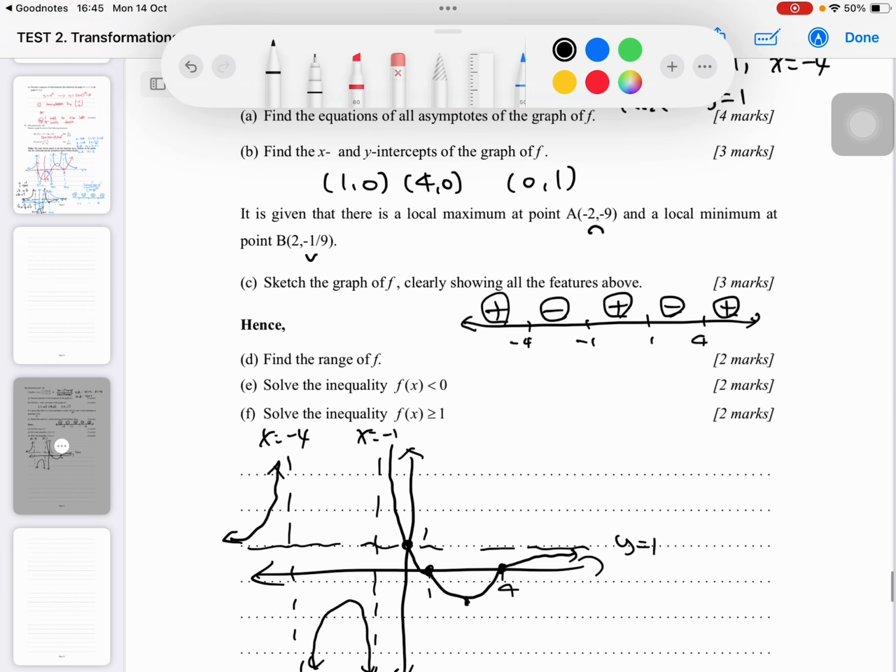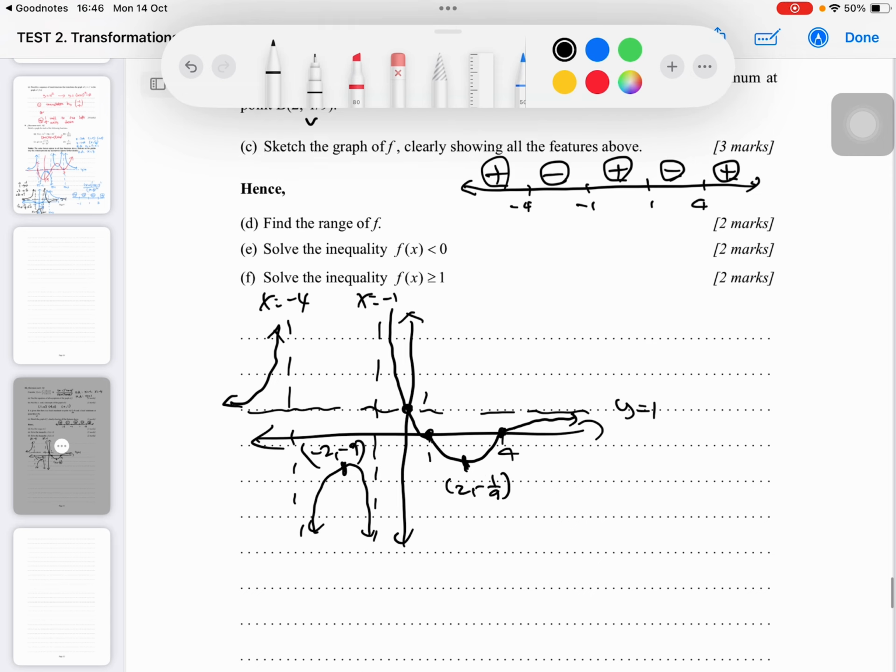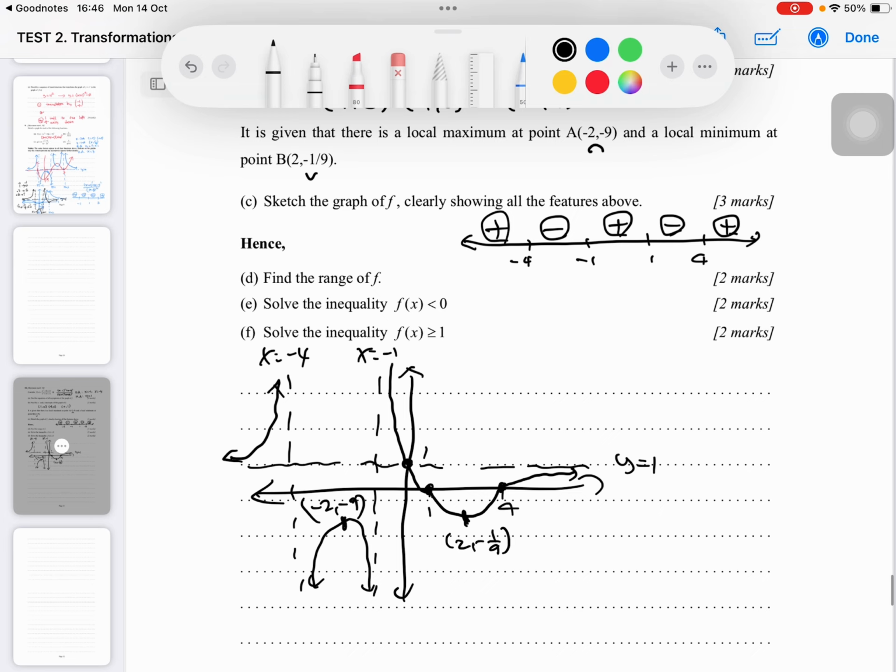So maybe this is the one, no, this is the one, -2, -9, which is the maximum. And this is 2, -1/9. Yeah, it's a little bit off, I didn't think about it. So the graph position is a little bit strange, but it is. So find the range of f of x.